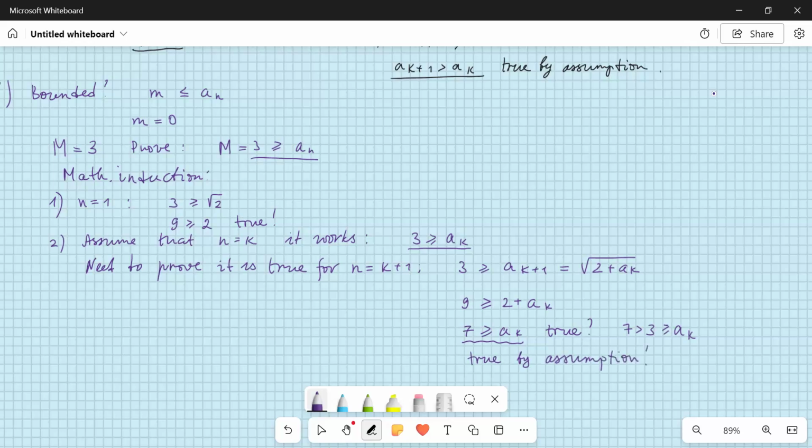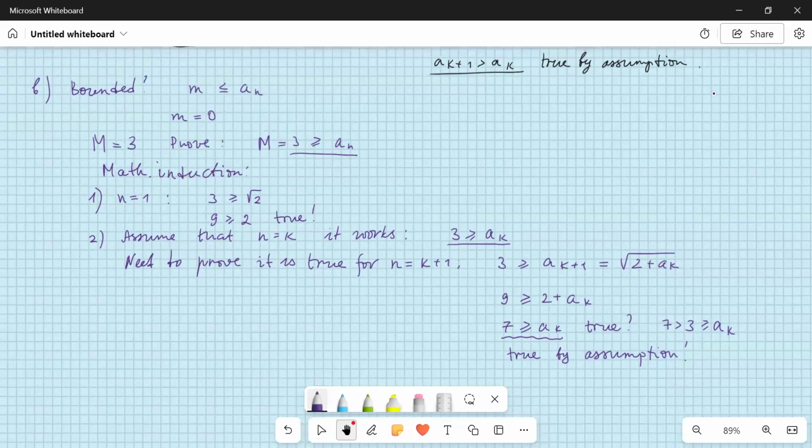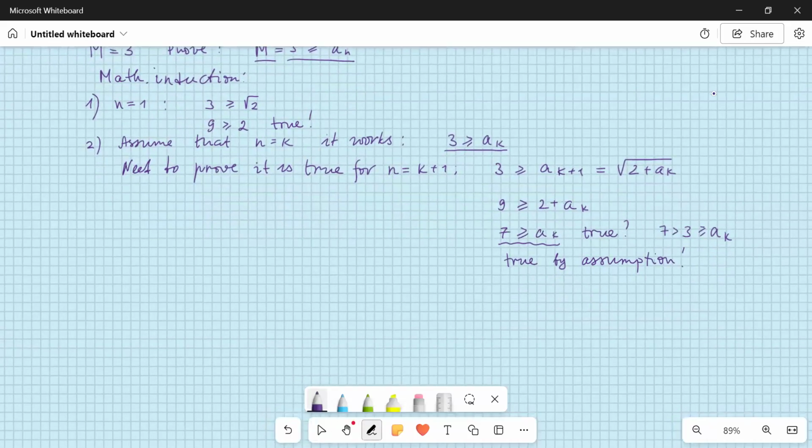Okay, so we proved that this big M is 3. It can probably be a different number, but in our case, we proved that it's bounded because it has little m and big M. So by the theorem, our sequence a_n is monotonically increasing and bounded.